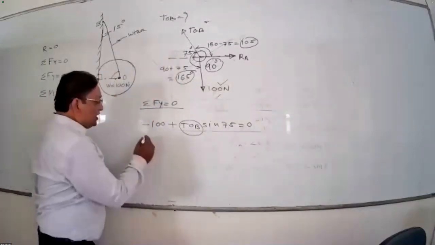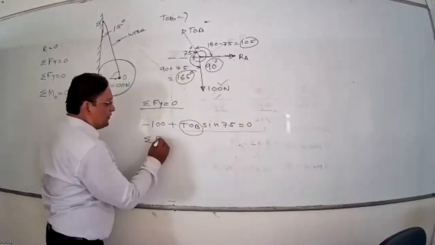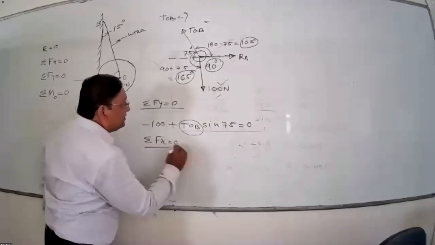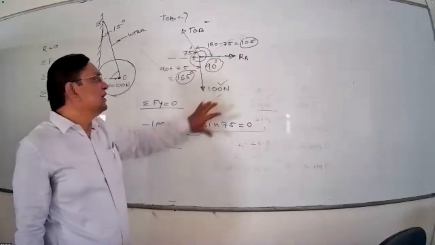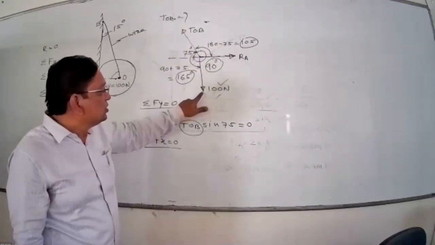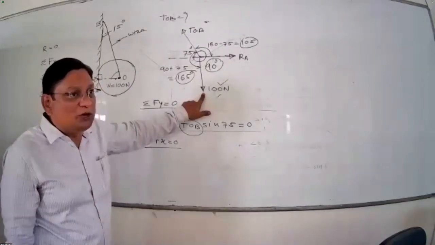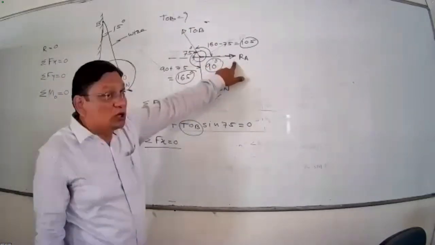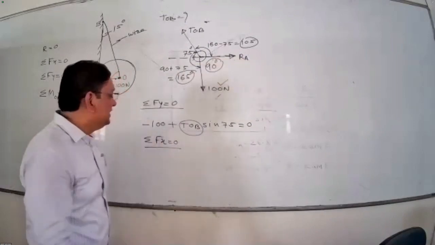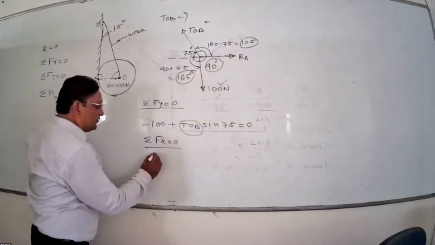Similarly, if I apply the equation summation of Fx is equal to 0, get the x components of all the forces. The 100 Newton force is a vertical force, its x component will be 0. RA is a horizontal force acting towards the right-hand side, so it will be plus RA.